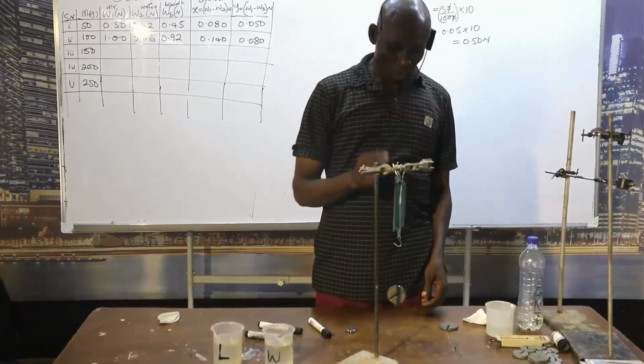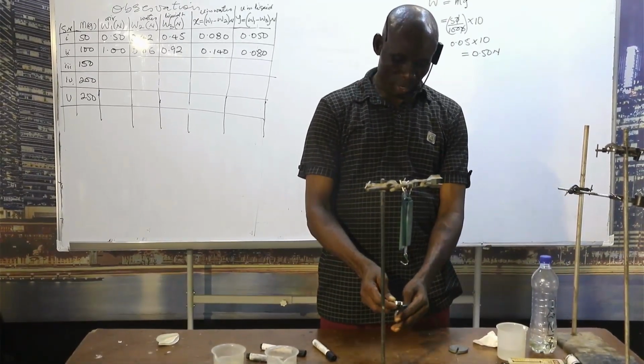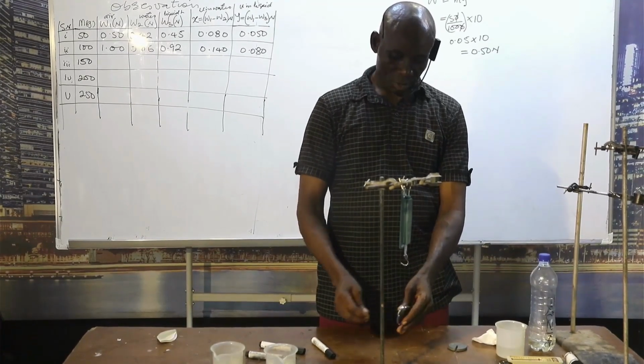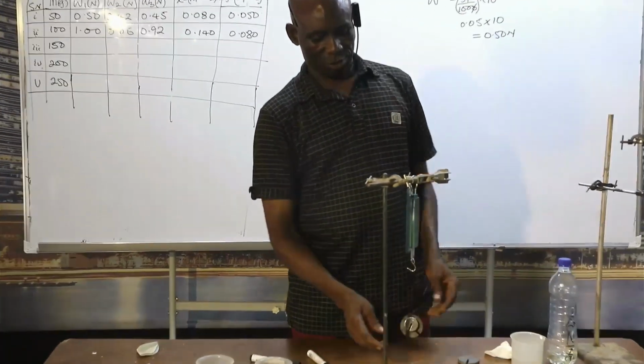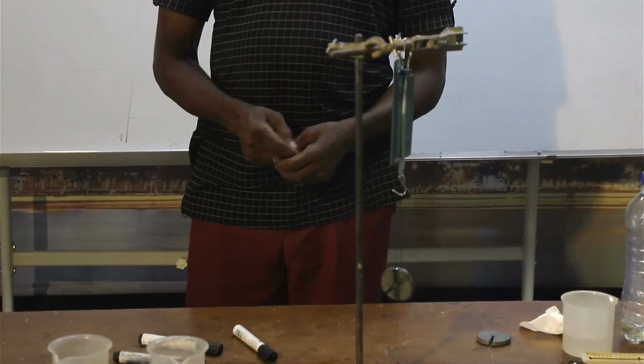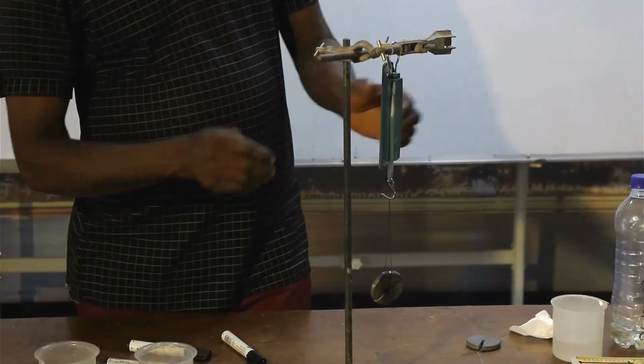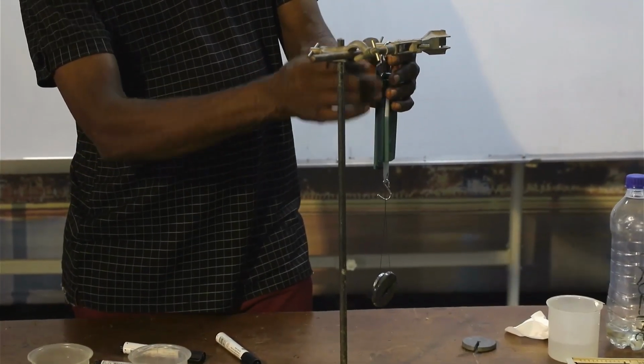What are we going to do now? We add 50. This is 50 grams. We add the 50 grams here to make this 150. So we have 150 now.